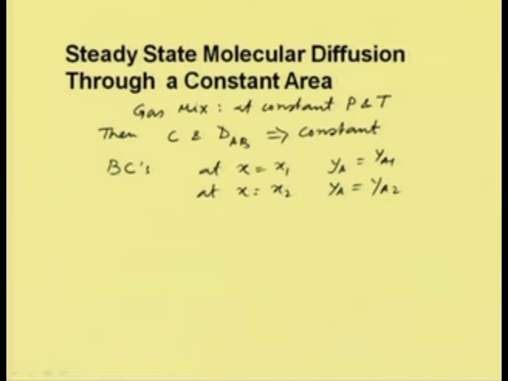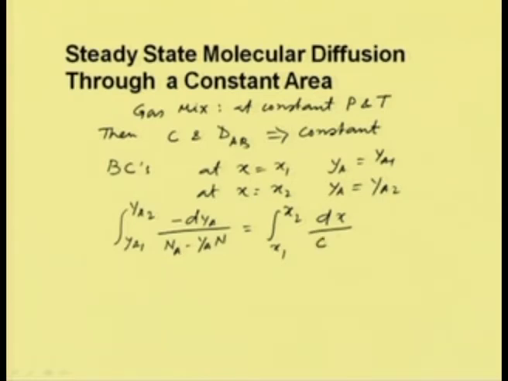So, using these boundary conditions, if we integrate the previous equation, we can write the integral from YA1 to YA2 of minus dYA by NA minus YA N is equal to integral x1 to x2 dx divided by C DAB. So, this is equation number 2.